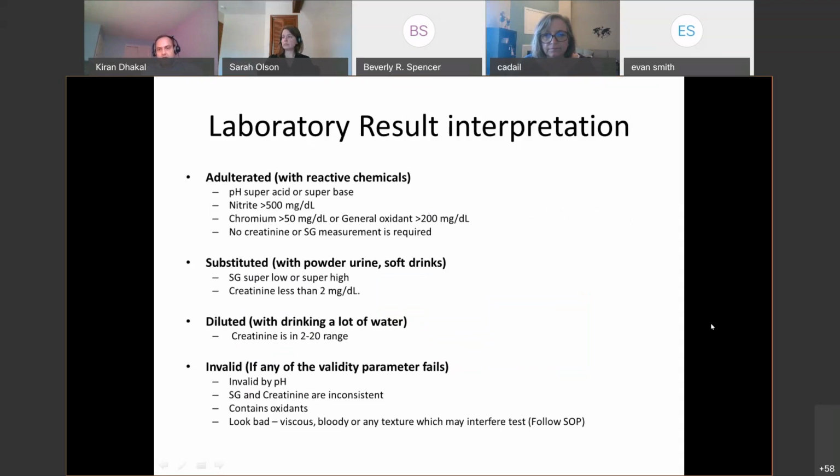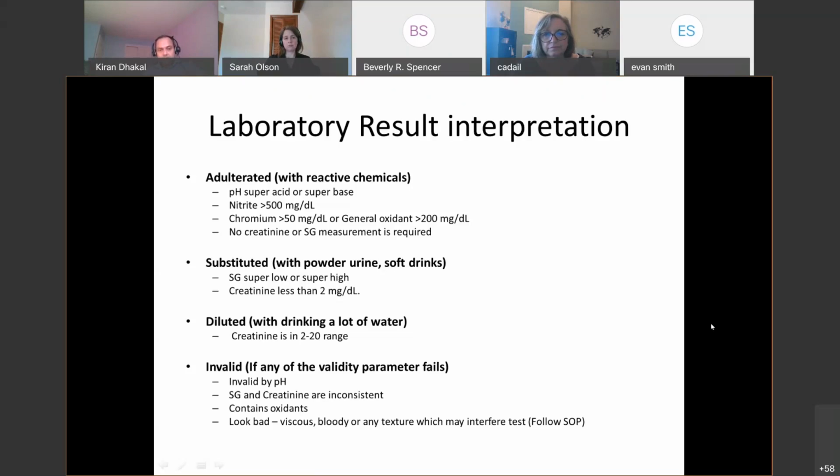Somebody added nitrite at a concentration greater than 500 milligram per deciliter, or chromium at more than 50 milligram per deciliter, or in general any oxidant at a concentration of 200 milligram per deciliter, or there is no consistency between creatinine and gravity. If any validity parameter fails, then we call it adulterated urine.